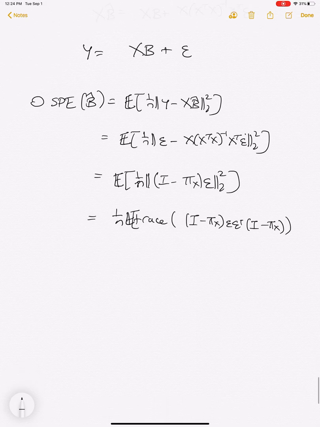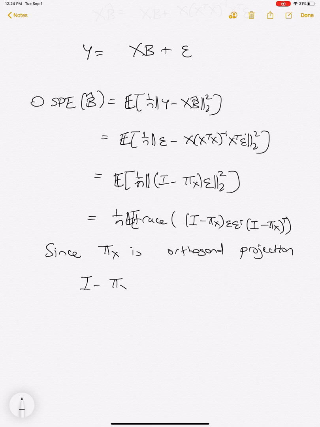And what you can say once again is that the identity minus pi x is also a projection.